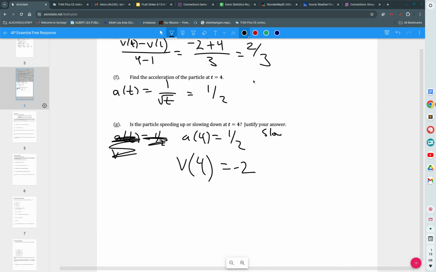Slowing down because A of 4 and V of 4 have opposite signs. And again, that's the exact language that they were looking for.